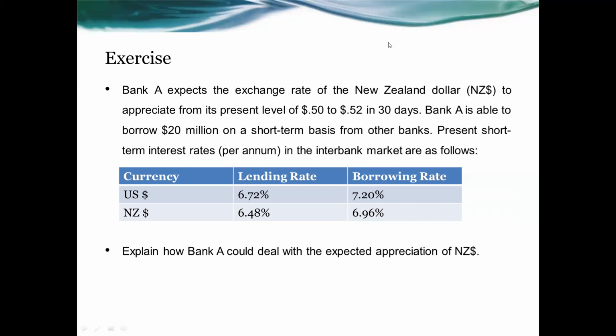Now how do we know whether it is appreciation or depreciation? Now look at this. Right? Today the exchange rate is $0.5 per New Zealand dollar. Now today that's the expectation, right?